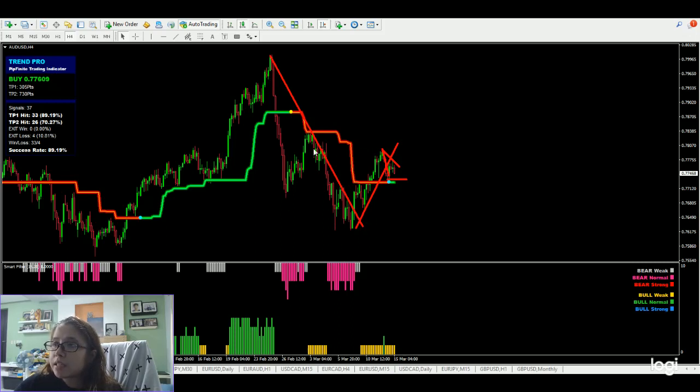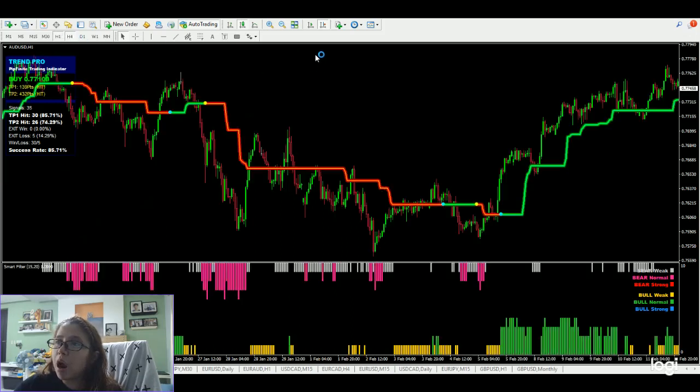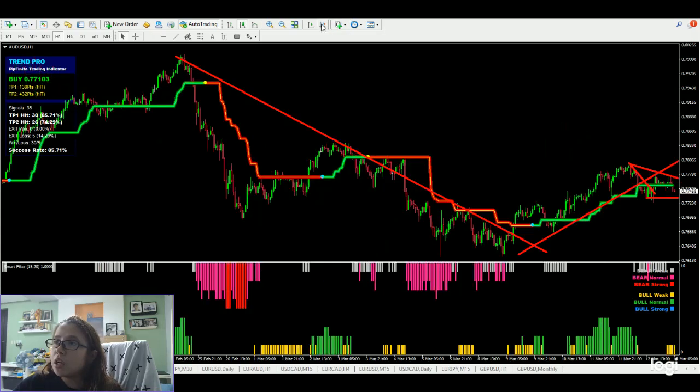And this is a sign that it could possibly mean that the retracement has already been finished because of the break in the trend line. So right now, the market is building momentum to the upside.